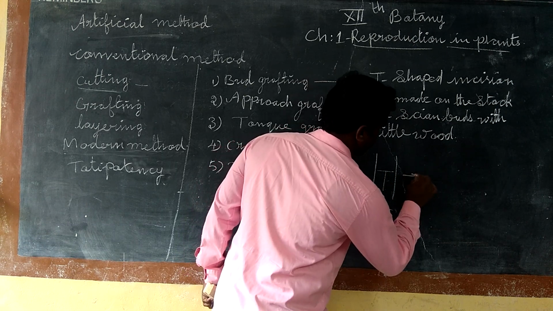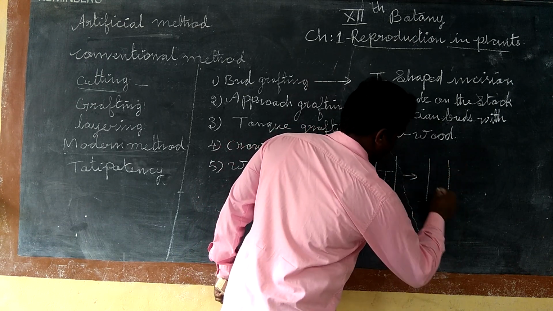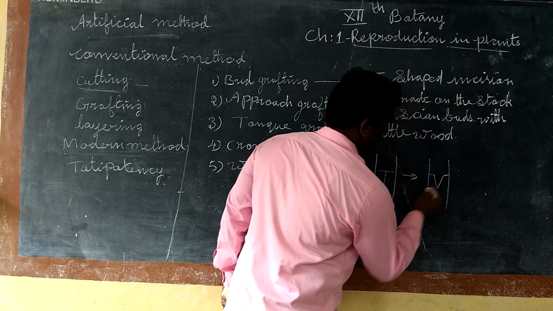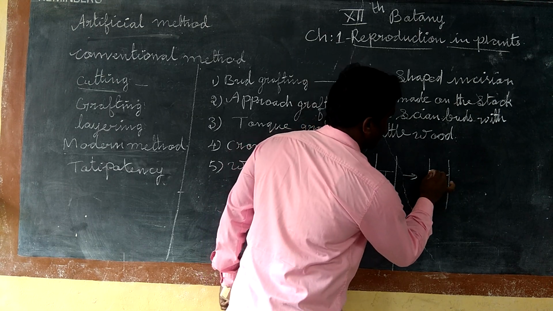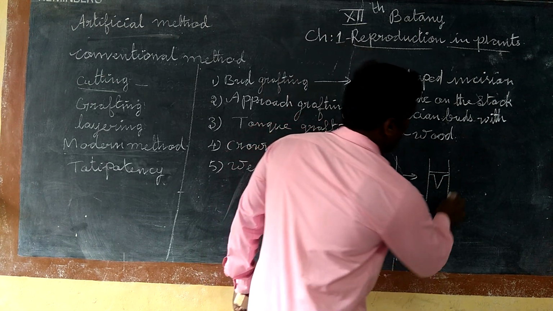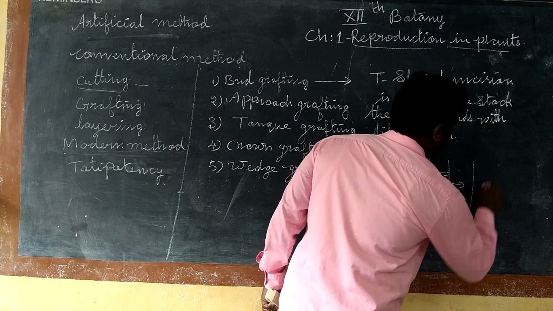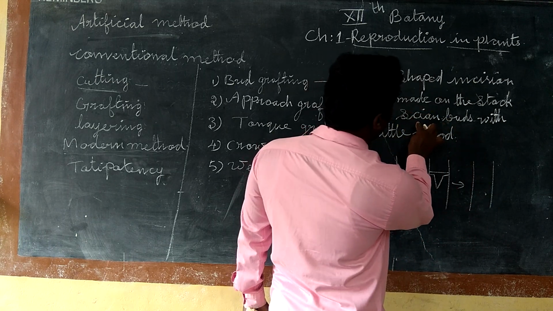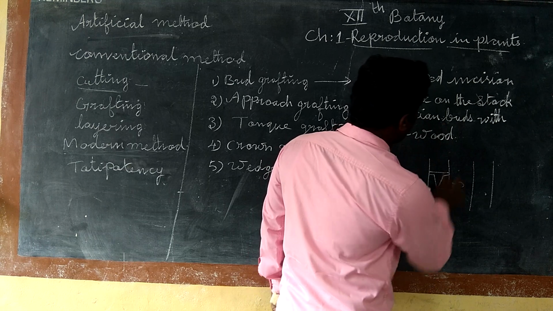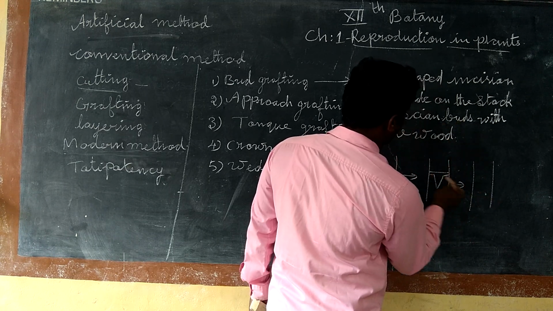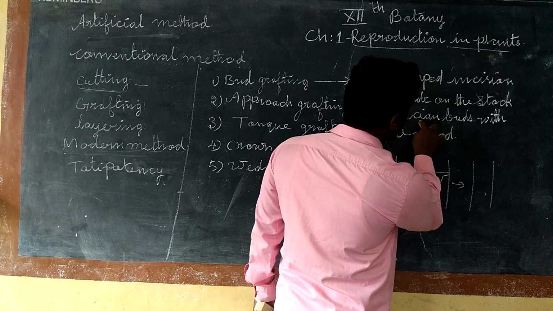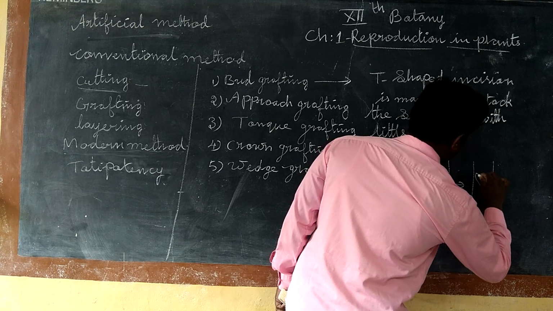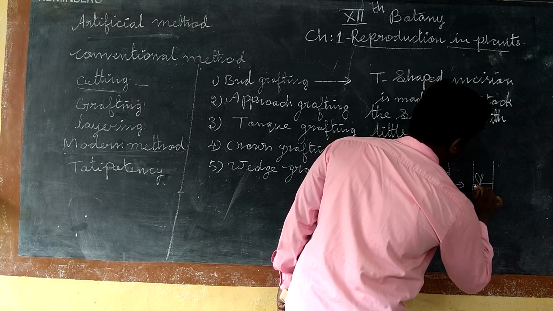After that, we just lift the bark, followed by the scion buds. We insert the scion buds here into this T-shaped incision. So we are going to insert these scion buds into this T-shaped incision. These are the scion buds.